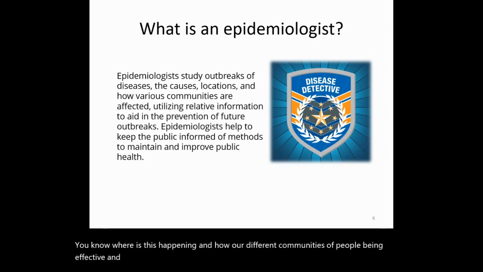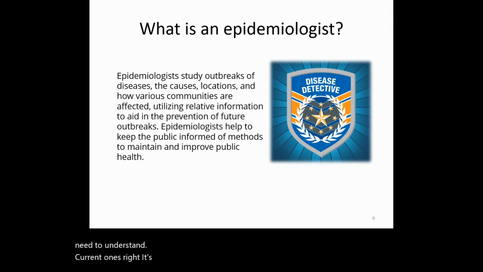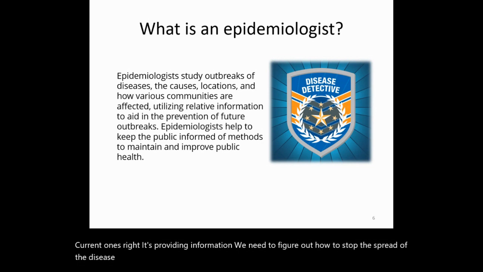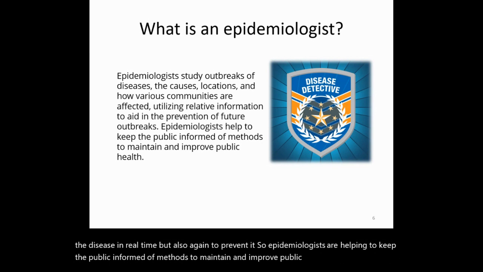And that information is critical because in order to prevent future outbreaks, we need to understand current ones, right? It's providing information we need to figure out how to stop the spread of the disease, you know, in real time, but also again to prevent it. So epidemiologists are helping to keep the public informed of methods to maintain and improve public health.